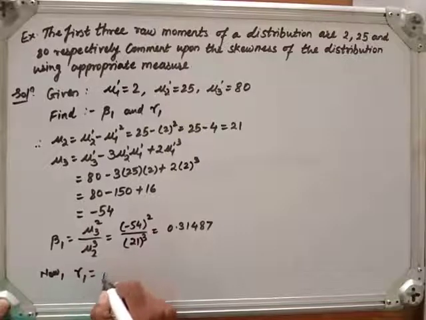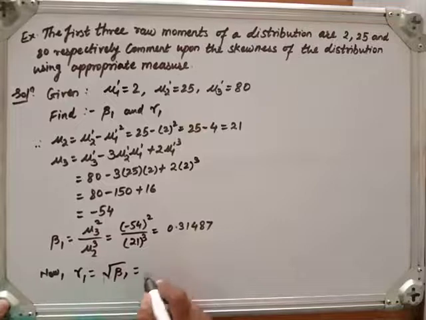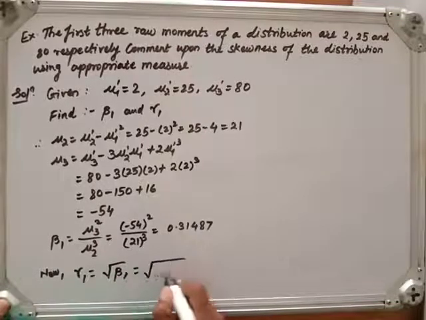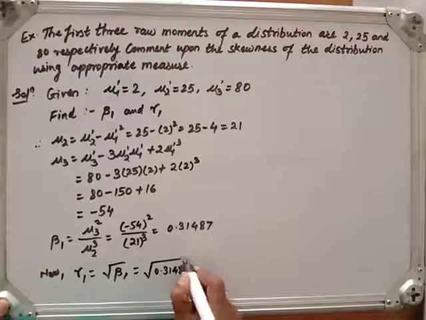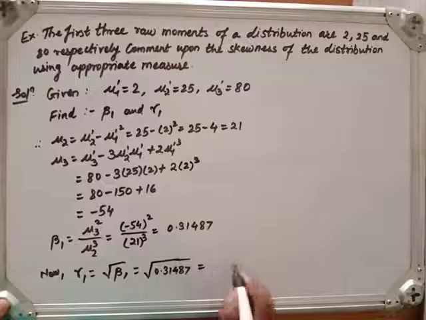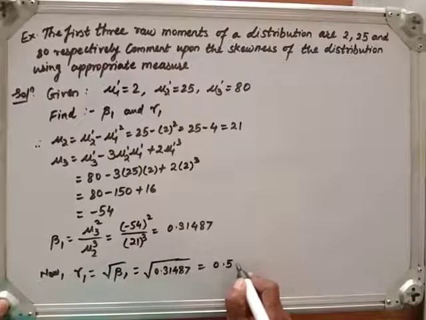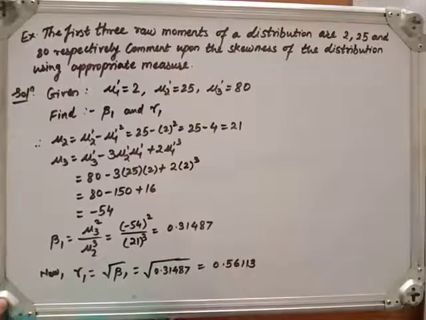Now from this, we will find gamma 1. What is gamma 1? It is under root beta 1. So it will be under root 0.31487. So this is 0.56113.